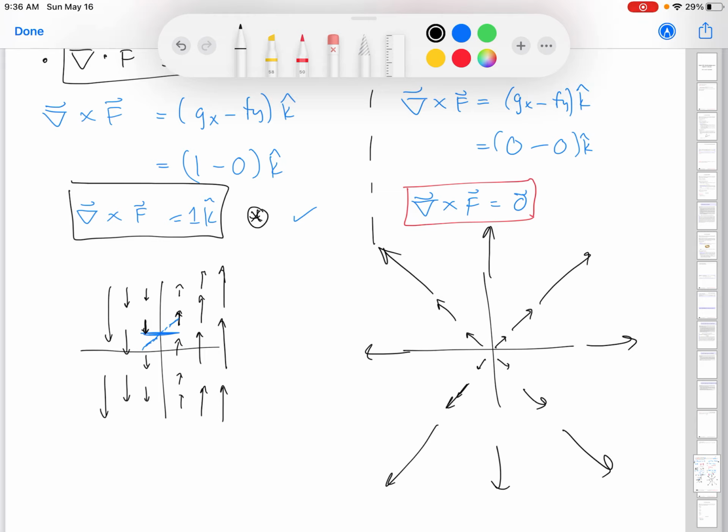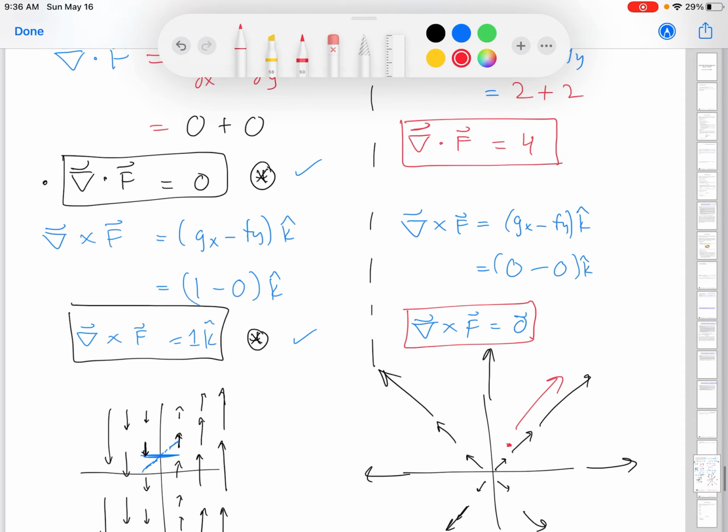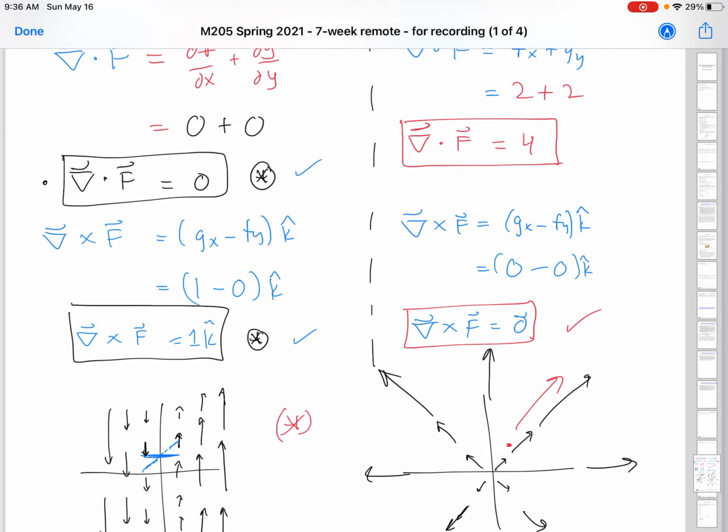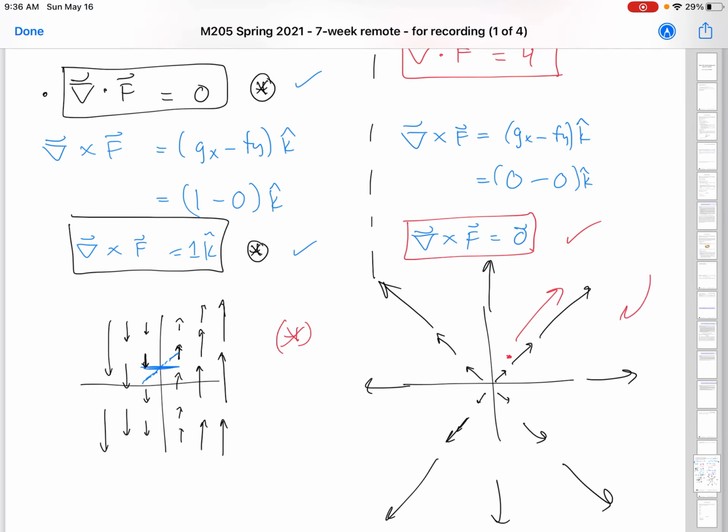I described this in the Module 2 video as kind of like an explosion from the origin. So if you imagine a particle somewhere over here, it just gets thrust out away from the origin. This vector field has 0 curl. So if we're starting to think about curl measuring rotation, that would make sense. There doesn't seem to be any rotation happening here.